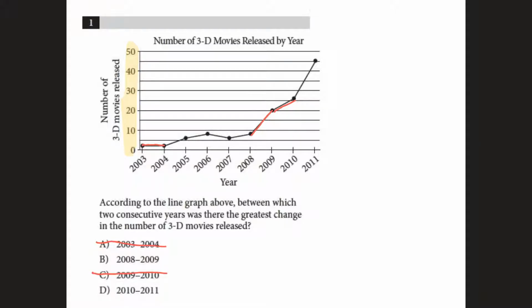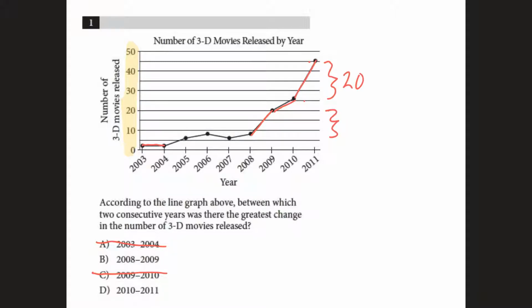And then 2010 to 2011. Okay, well that's an output increase of, what's that, 25 to 45. So that's a change of 20 versus this. Oops, my braces are not looking so good.